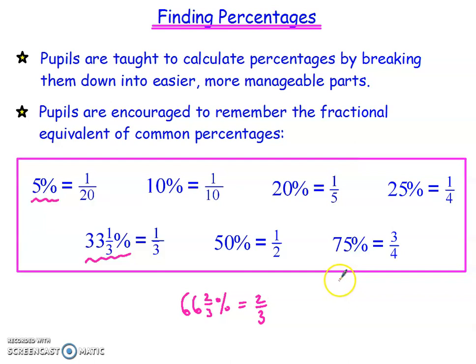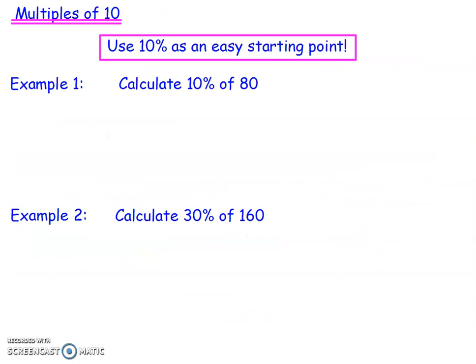For those pupils that hadn't spent much time on percentages work in primary school, we would go right back to the beginning, show them why 10% is 1/10, 20% is a fifth, etc., and spend a lot of time on the numeracy behind that before applying it to a question about finding a percentage of an amount. We would start with multiples of 10, and for some pupils that would be the easiest way to get started with any percentage.